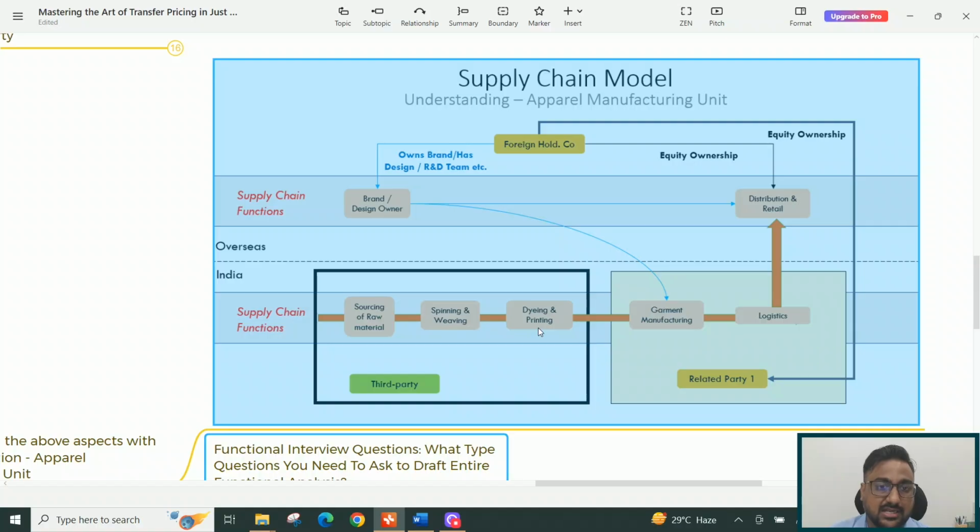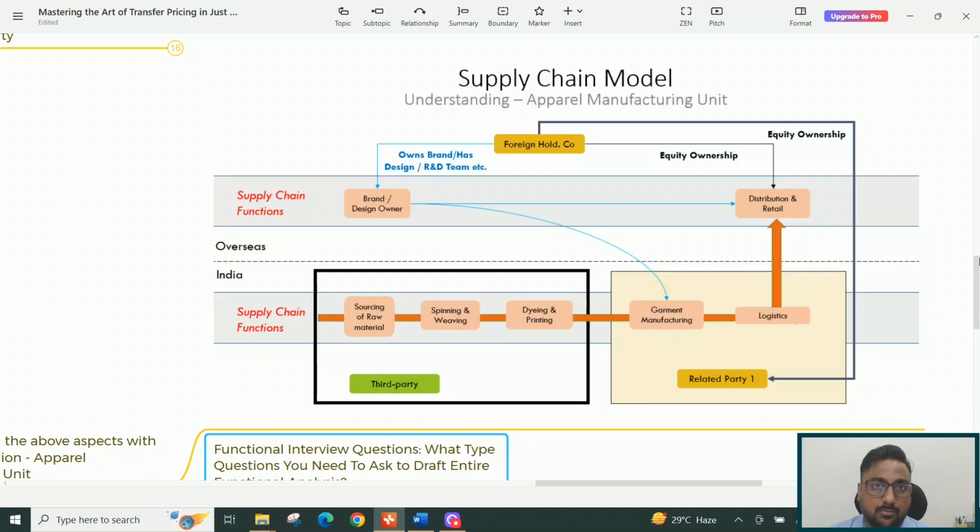So the garment is manufactured by the related party, and then there are logistics functions, and through that logistics it goes to the distributing entity of that foreign company overseas, right? This is a simple supply chain model which may happen in an apparel manufacturing unit.